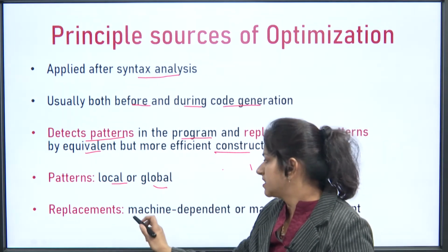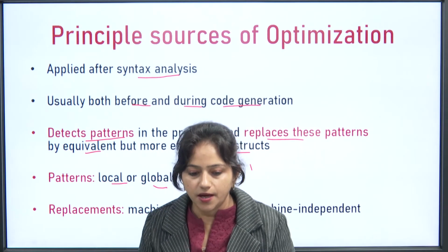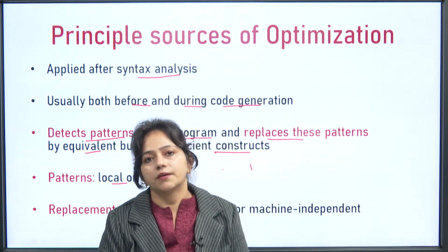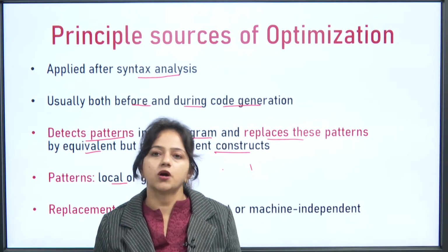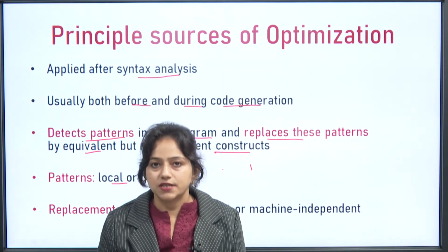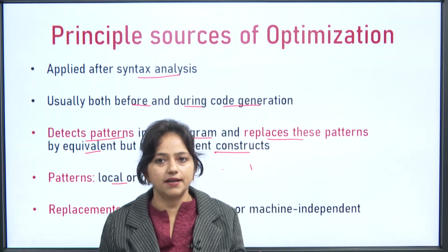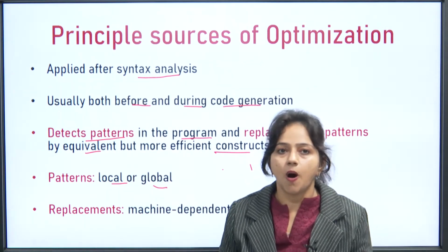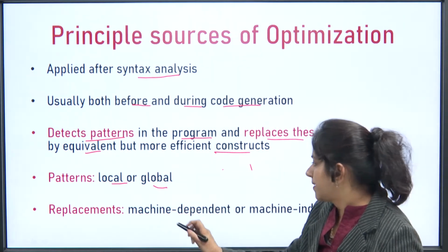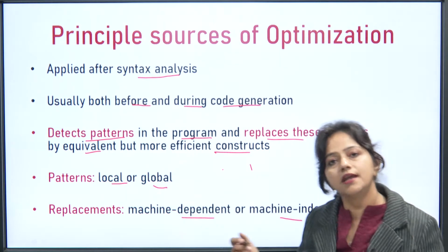Next is the replacements. If we are doing the replacements, in the previous classes we already talked about the 3-pass compiler. We talked about where the optimization schemes are. Optimization schemes can be of two types, machine dependent or machine independent optimization. Here the replacements can be machine dependent or machine independent.